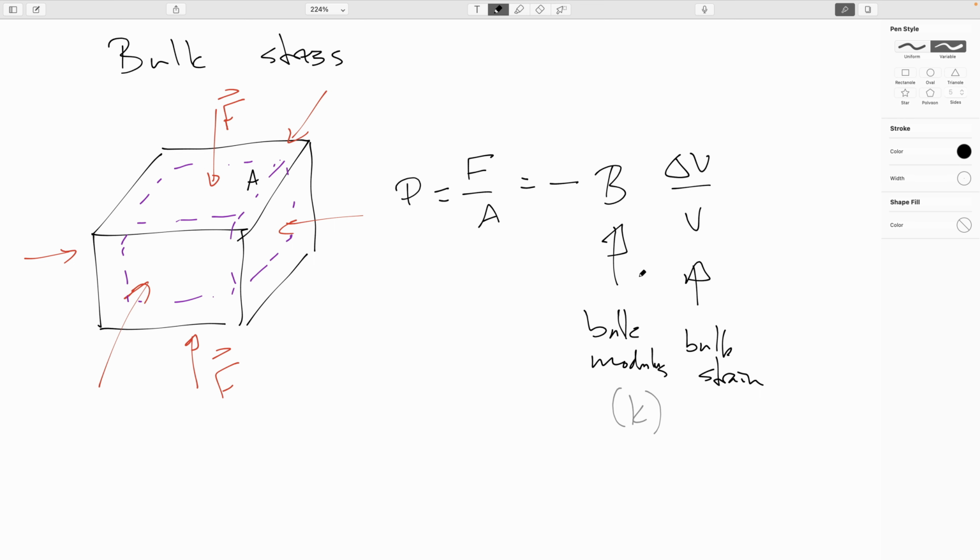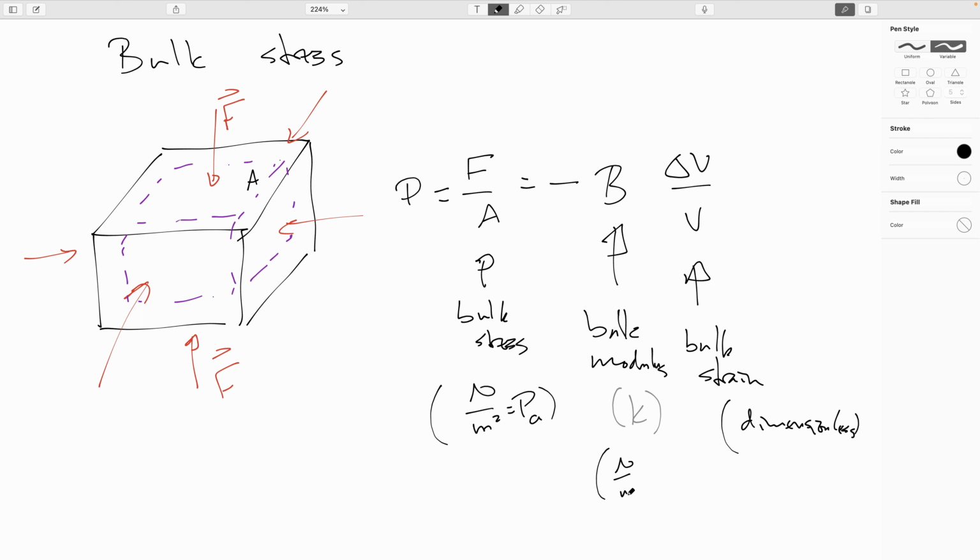And you'll notice here with all of our stresses, so this is a bulk stress, the answer is newtons per square meter, or pascals. All of our strains are dimensionless. And our moduli then also have units of newtons per square meter, which are pascals.